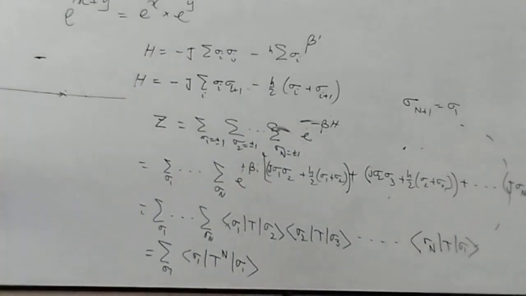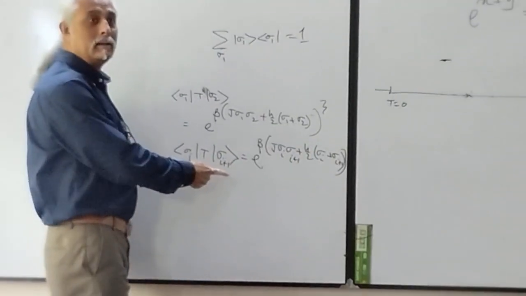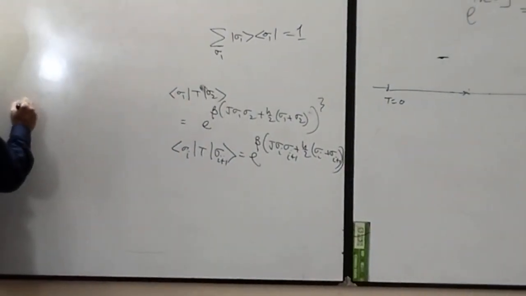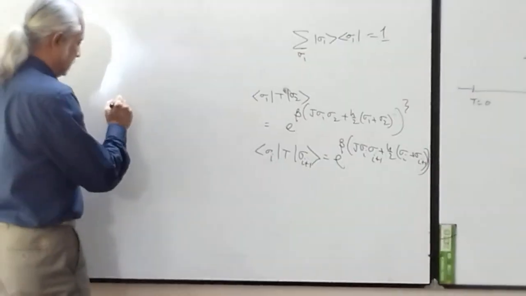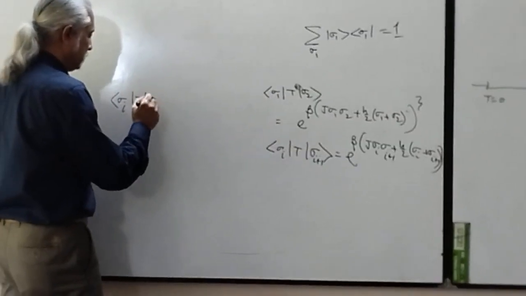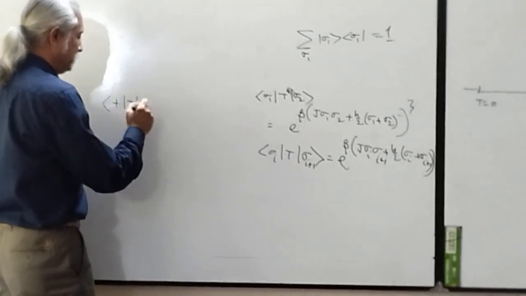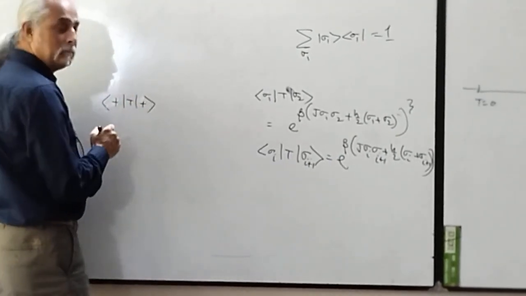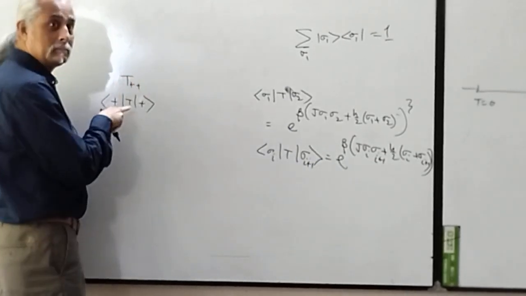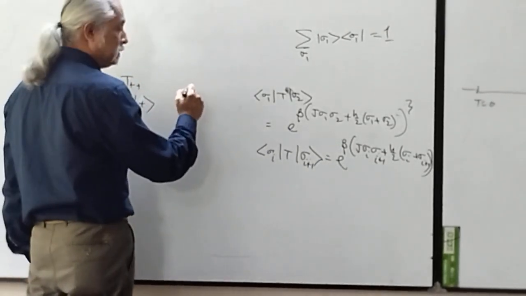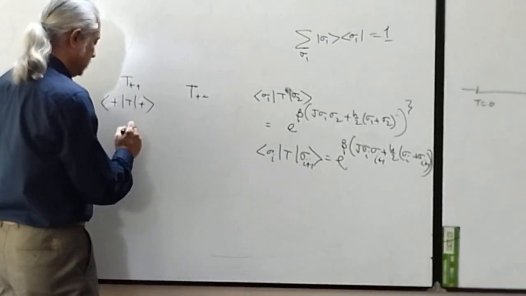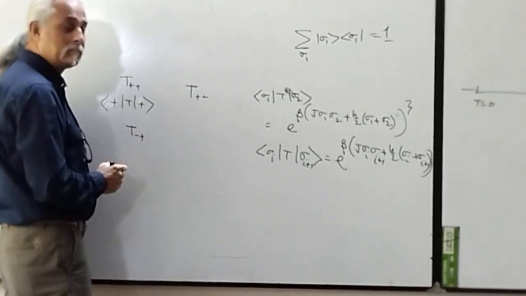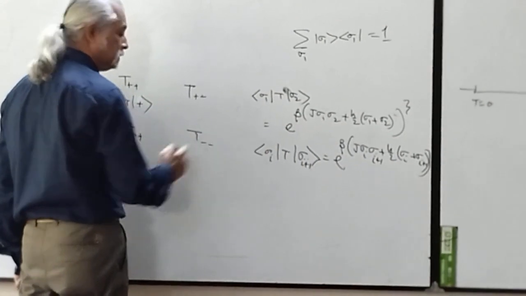Because I define it in such a way that you can write sigma i T sigma i plus 1 as T plus plus, T plus minus, T minus plus, T minus minus.